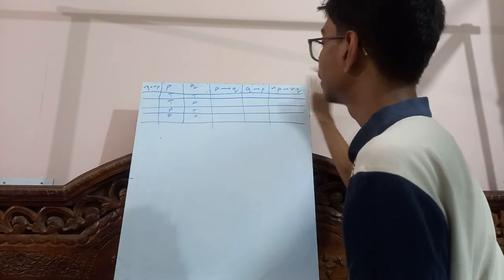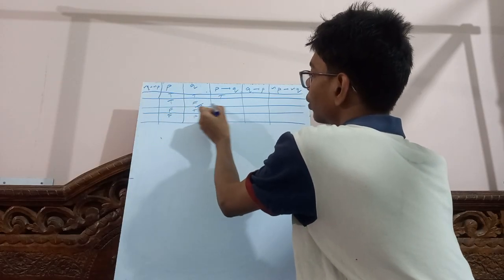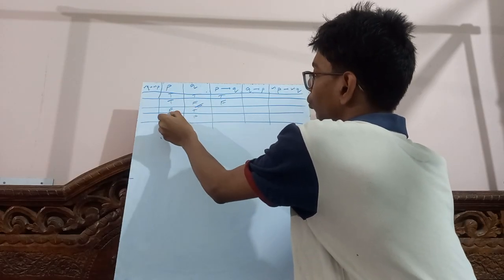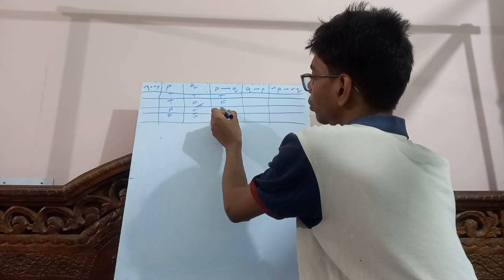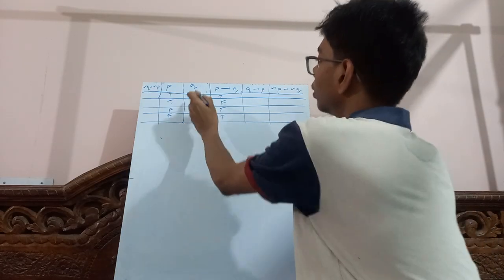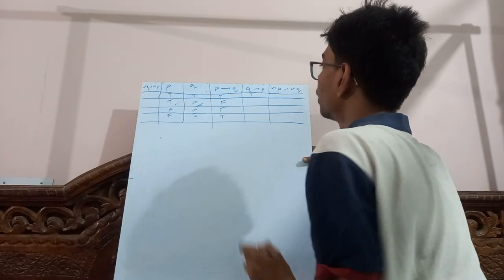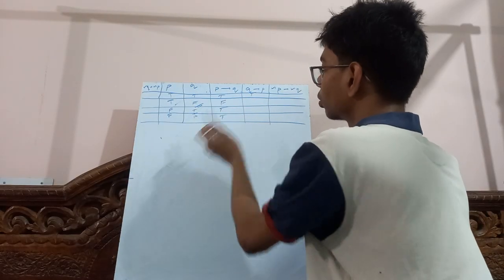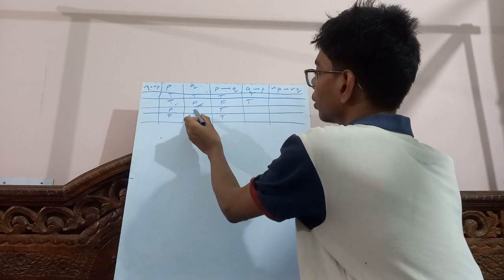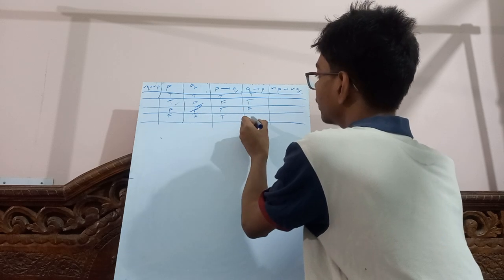Now the conditional statement: true, true, so this will be true. True but false, so false. False but Q is true, so true, and then again true. Now true, true, true. False but it is true. So P is false, the promise is not broken, so this will also be true. Q is true but P is false, so this will be false and this will be true.